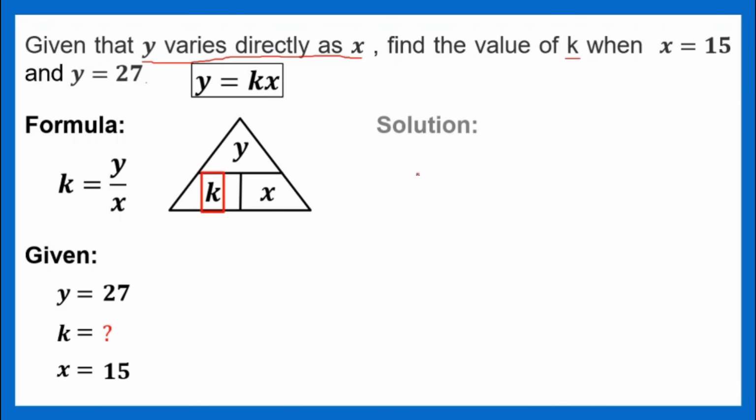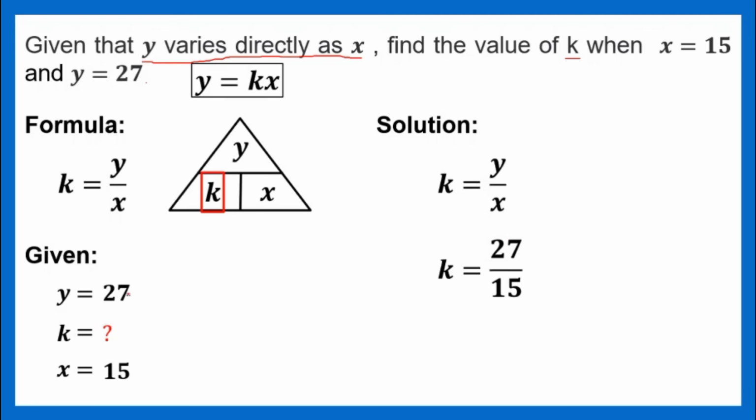So, let's have our solution. For solution, don't forget to write the formula. K is equal to y over x. Lagi pong ganon. For solution, huwag kakalimutan lagi sa formula. Then, after that, substitute na lang natin. Ayan. So, yung k dito, k pa rin, kasi nga, question mark siya doon, so hindi siya pwedeng baguhin. Tapos, yung y, which is the numerator, 27. Check natin.